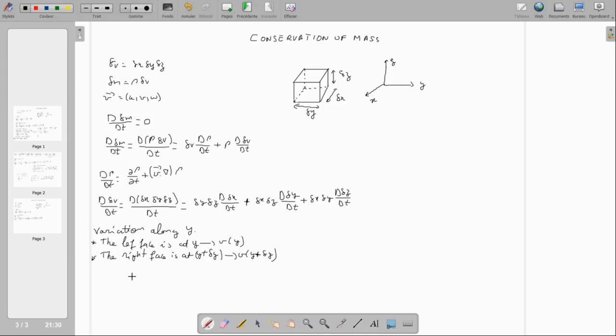So we can write d delta y over dt equals v at y plus delta y minus v at y.